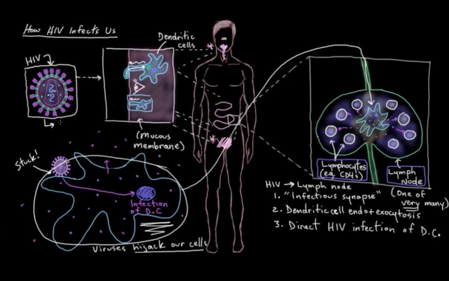HIV, though, sets itself apart from almost every other virus because the way it does this hijacking is a little different and a lot more sneaky than other viruses. And I'll cover how it hijacks when we look at how HIV particles infect their preferred targets, our T helper cells.